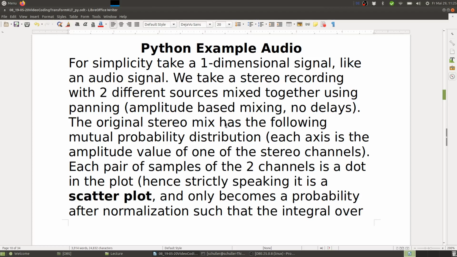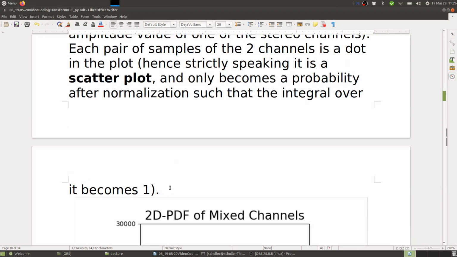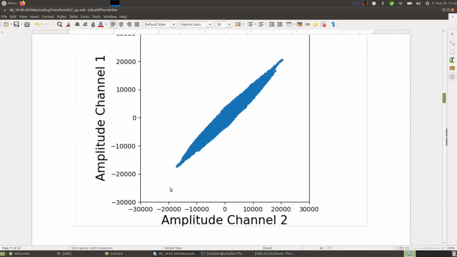The original stereo mix has the following mutual probability distribution. Each axis is the amplitude value of one of the stereo channels. Amplitude means the sample value. Each pair of samples of the two channels is a dot in the plot. Hence, strictly speaking, it is a scatter plot and only becomes a probability after normalization such that the integral over it becomes 1. So here this is a scatter plot.